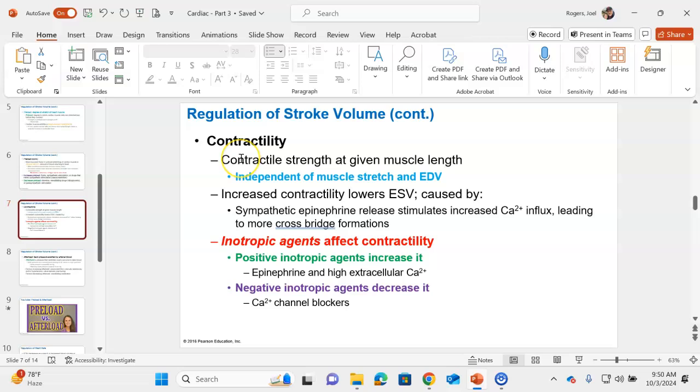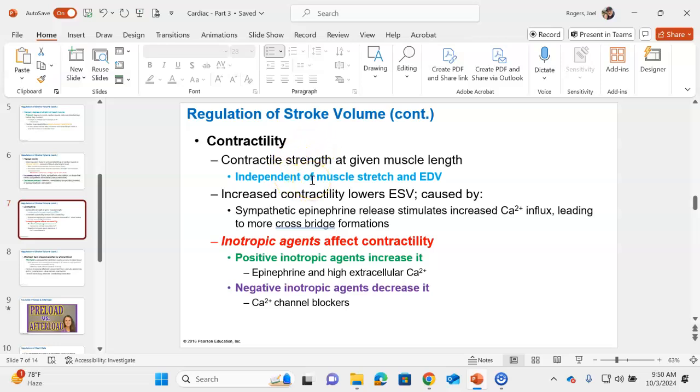We're still dealing with the force of ventricular contraction, but contractility is the force of ventricular contraction at any given muscle length. So it doesn't depend on stretch. It's independent of stretch. So the ventricles don't necessarily have to stretch more if contractility is going to go up.